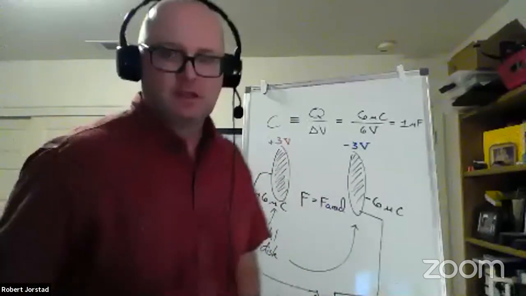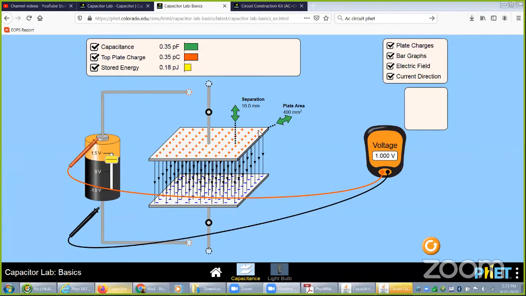Okay. And at any time, go ahead, Ryan. If you were to take the geometry of it and move the plates farther apart from each other while it's disconnected from the battery, would that also cause the stored energy, or the electric field, I mean, to go down? Let's see.